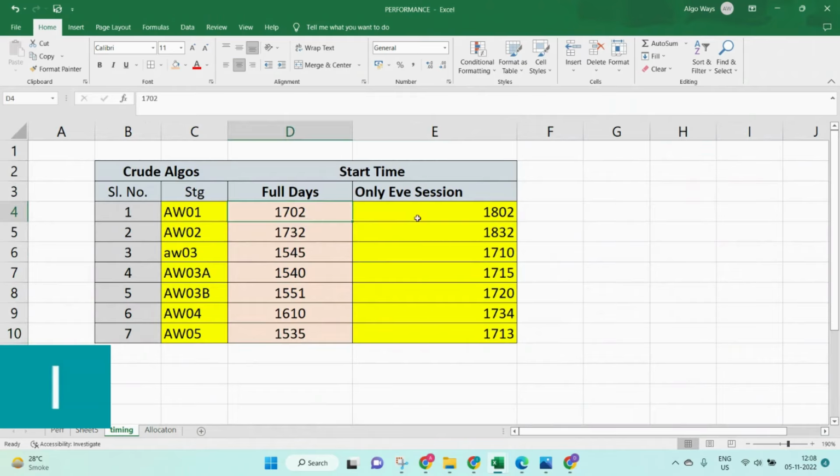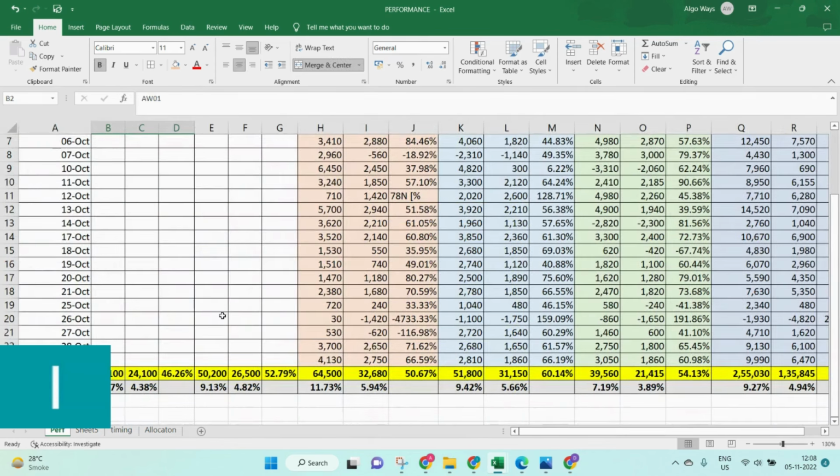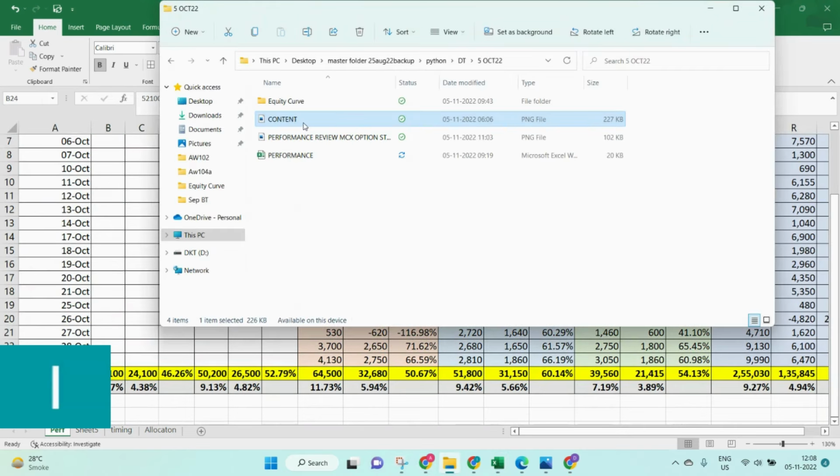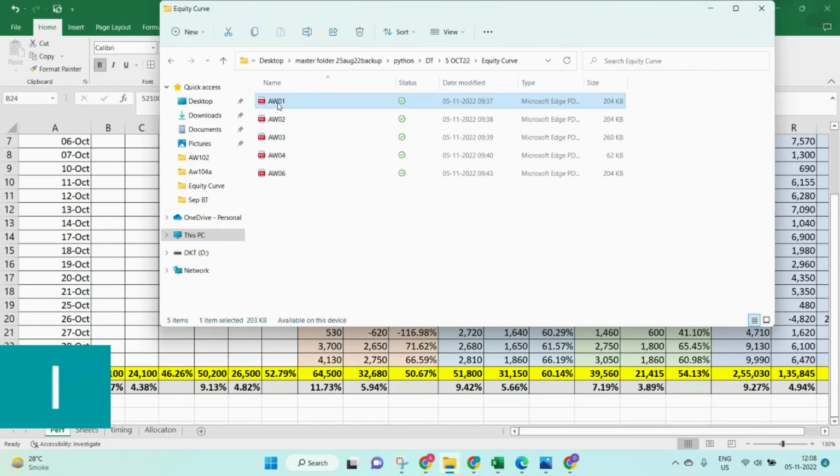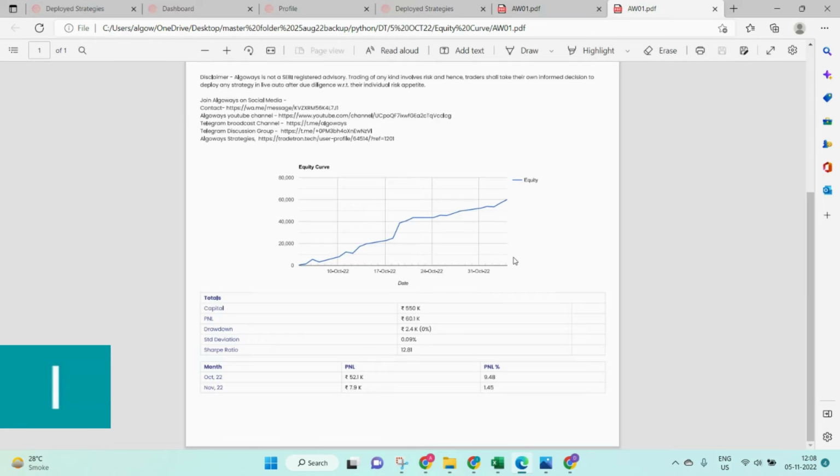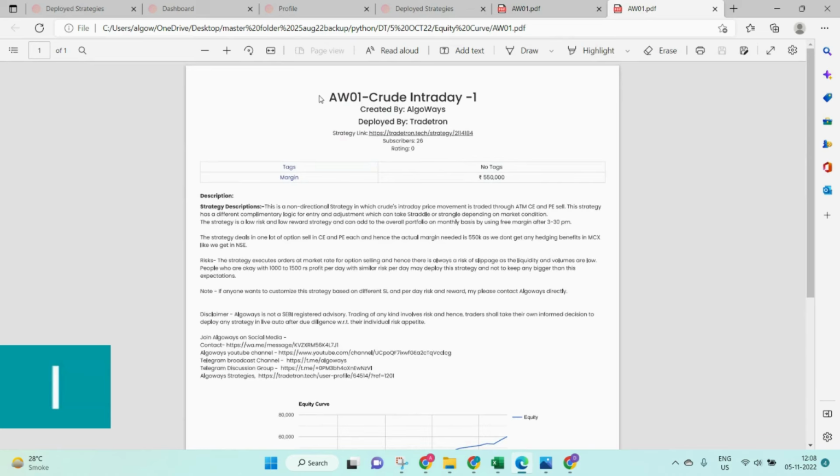If it is full day trading, and suppose we have the first session off and only the second session runs, which starts at 5 o'clock, then it will enter at 18:02, that is 6:02 p.m. It has given a paper trade profit of 52,100. Let me just share the equity curve as well. So this is the equity curve of AW01.